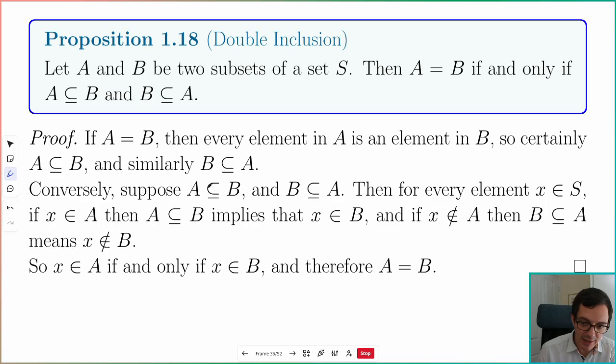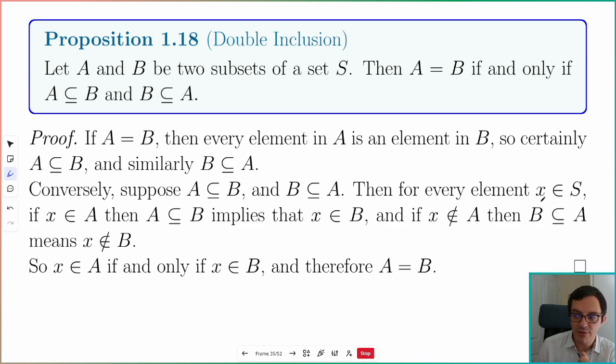These are inclusions. If you think of subset as being these elements are included in B, so it's double inclusion because there are two of these inclusion statements. So if A is a subset of B and also B is a subset of A, then the conclusion is that they're equal.